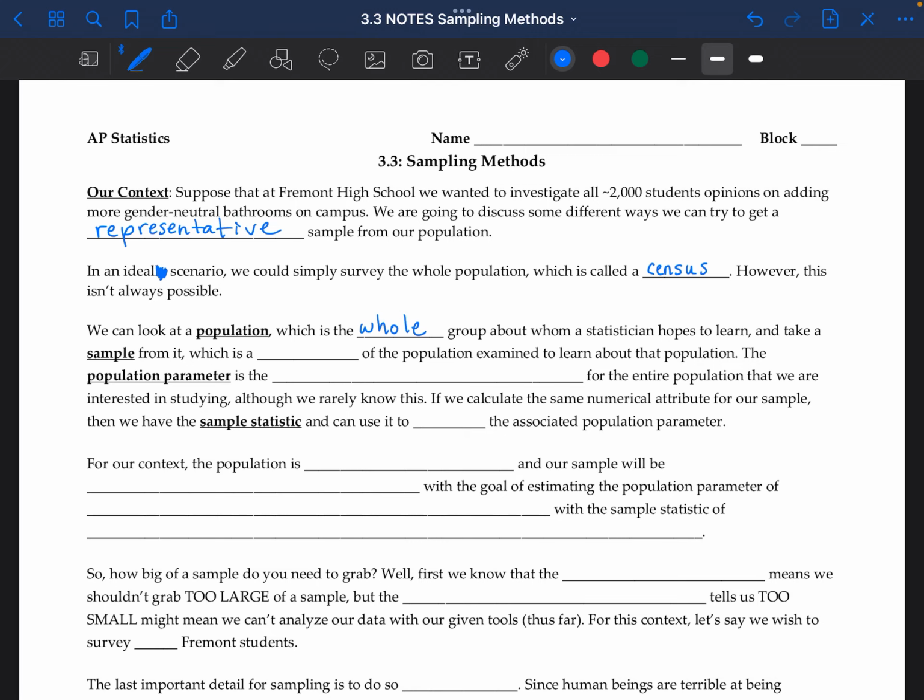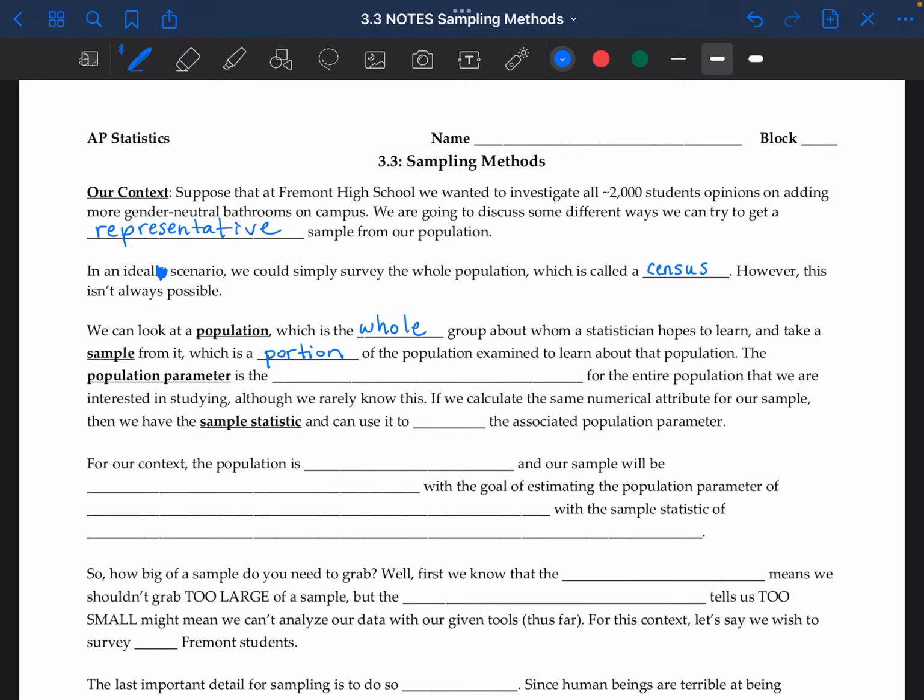As statisticians, this is what we all want to learn about, whether it's just 2,000 Fremont students or 2 billion people in the world. To do that, usually we take a sample, which is just a portion of the whole population, and we examine and analyze it to help us figure out what's going on with the population.